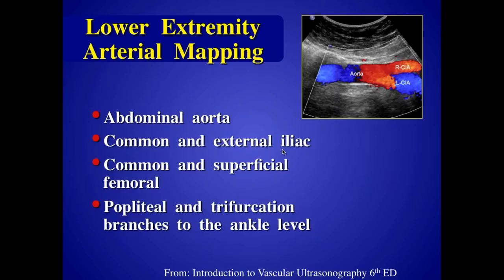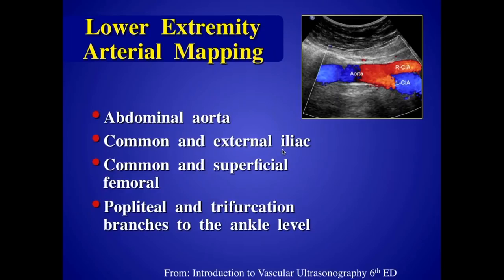And then we use the color Doppler to assess for normal or abnormal blood flow. By optimizing the color Doppler, we can sweep the vessels very quickly looking for areas of abnormality, such as narrowing or aliasing.